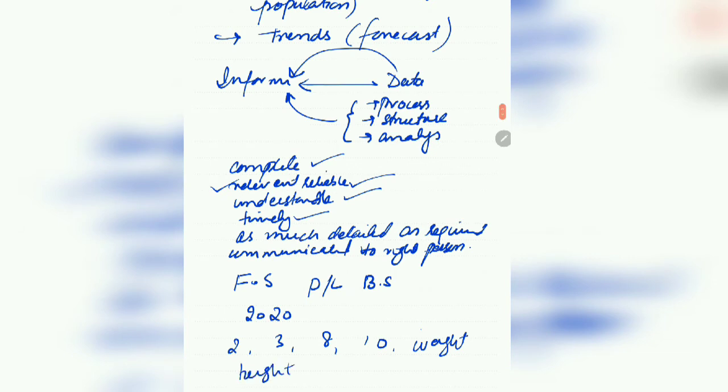Any value we can use. If we are using exact numbers, then they are called constants. But if we are using some variable like x, y, z to represent these weights, heights and so on, they are called variables.